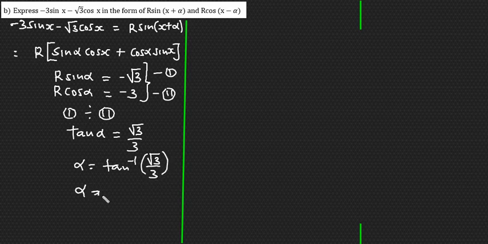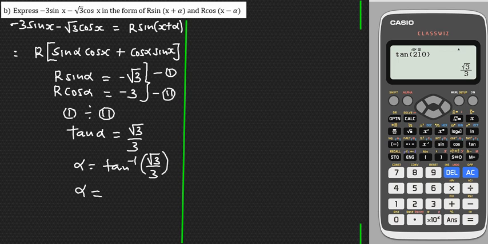So our alpha will therefore be, let us check from our calculator here. Okay, we need to get the tan inverse of root 3 over 3, which gives us 30 degrees.